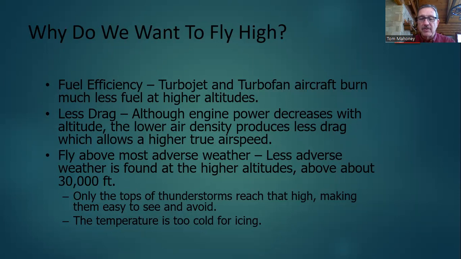Only the tops of thunderstorms reach that high, making them easy to see and avoid. And the temperature is too cold for icing. So as far as commercial airliners go, we're much more efficient flying at higher altitudes, with a better chance of getting to our destination without weather being a factor until we actually start the descent and approach into the airport.